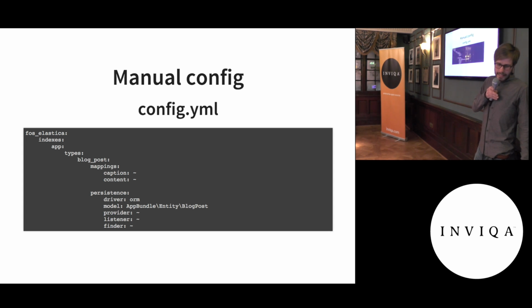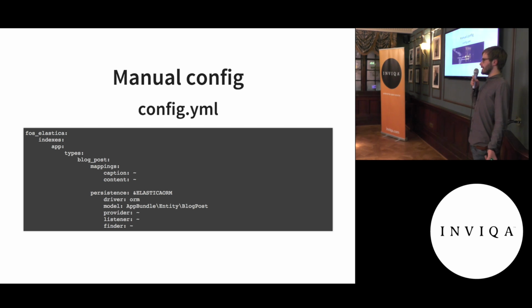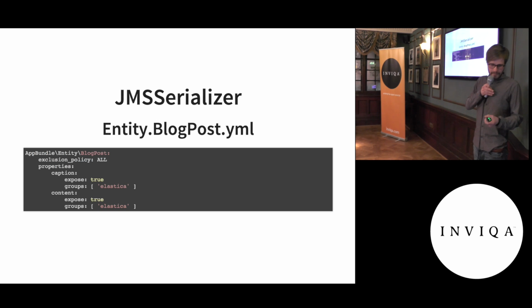Basically what you do is say persistence is an ORM and this and that entity, and the rest is just default configuration. Same for the properties. You just list the properties you want to have indexed and use the default configuration. You can obviously change them later on, and there's loads of nice options. But to get started, that's a very good starting point. If you want to reuse them, you can use node anchors. That's a YAML feature. Have a look at the documentation.